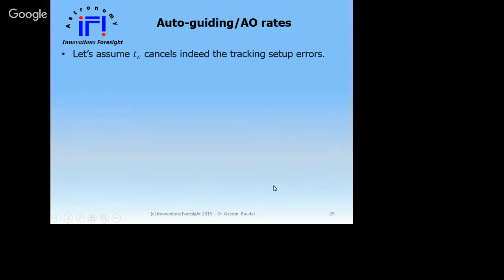Now, if you do auto-guiding with a fast enough rate, or adaptive optics, let's say you go fast enough that you cancel the tracking error of your setup, you are left with the seeing. And if you look at that, there are two situations. First, if you are inside the isoplanatic patch or outside.